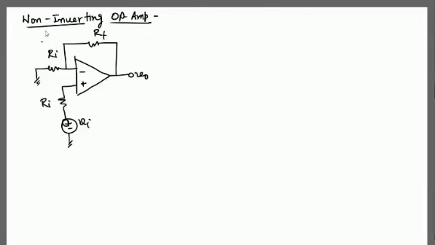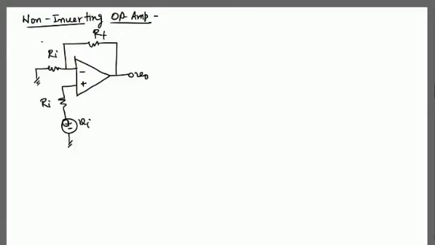It totally depends on which terminal we are applying the input voltage, whether this configuration is inverting or non-inverting. So there are two kinds of amplifier: inverting amplifier, if we apply input at the negative terminal, and if we apply input at the positive terminal, that is called non-inverting amplifier. Okay, fine.